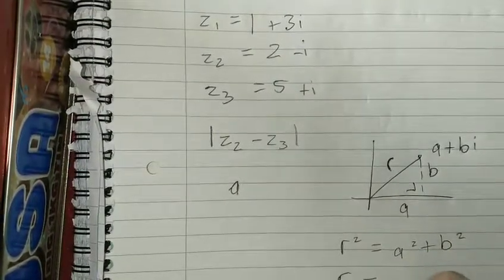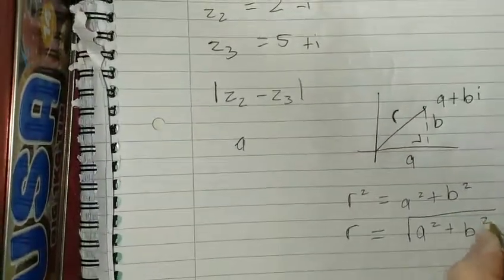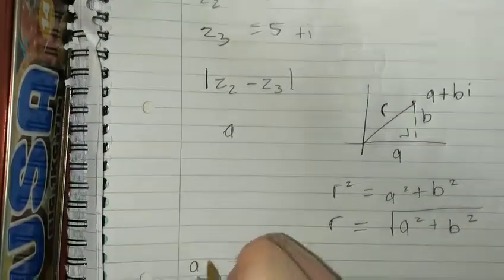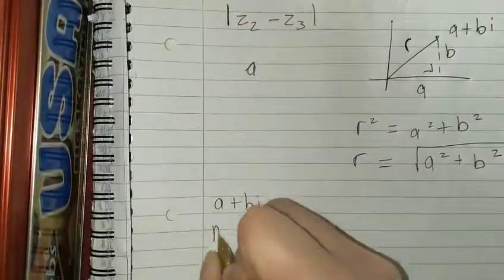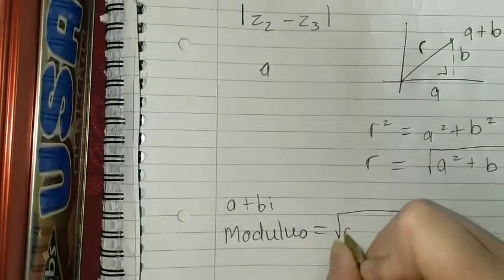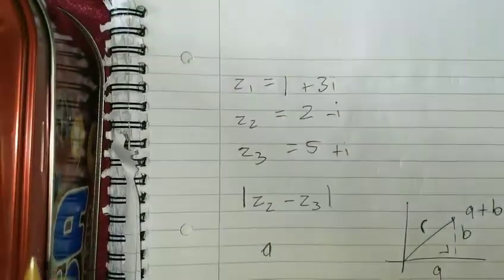So r just by itself is going to be equal to the square root of a squared plus b squared. So the modulus of a complex number a plus bi is equal to the square root of a squared plus b squared. So that's going to be helpful to us.